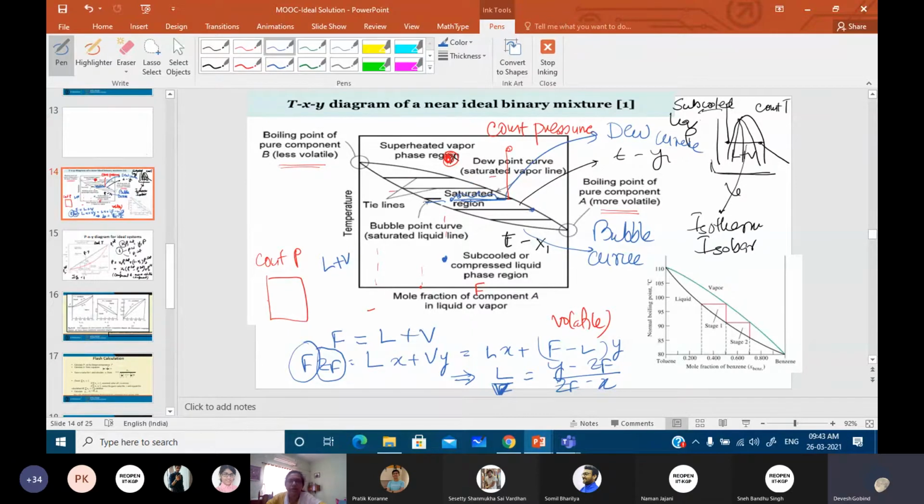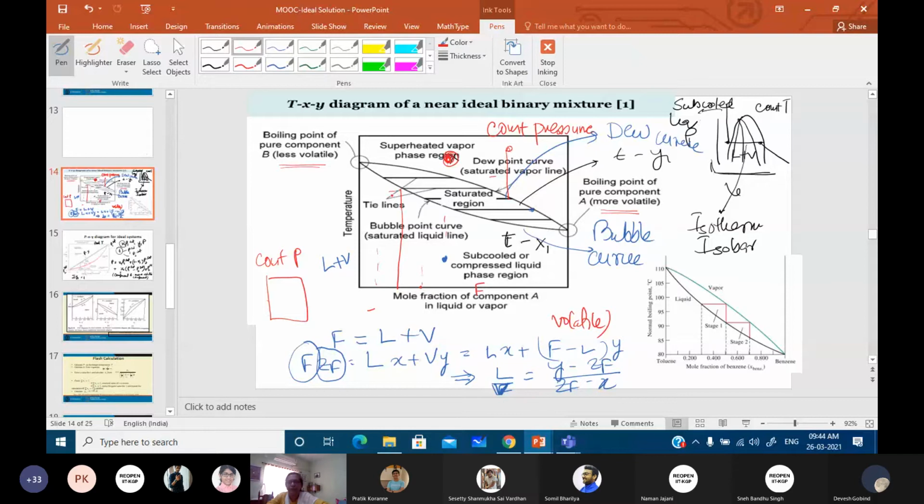Yes, ma'am. Okay, fine. Achha, now I will just like to tell you something. See, suppose I have a liquid. The liquid is of this particular composition. It has a very small amount of component A or component 1. You take 1 as the more volatile component. It has a very small proportion of this particular component. And with this, I start heating.